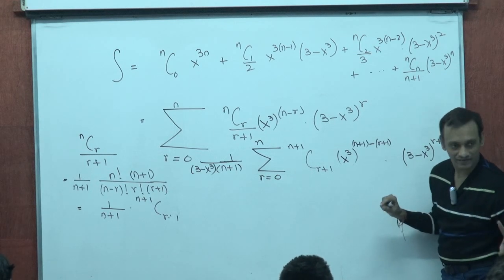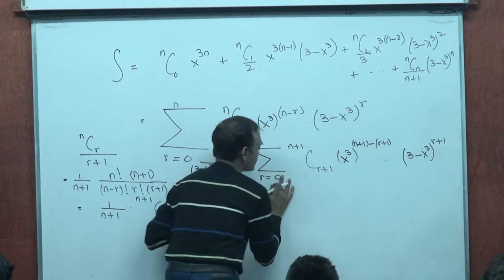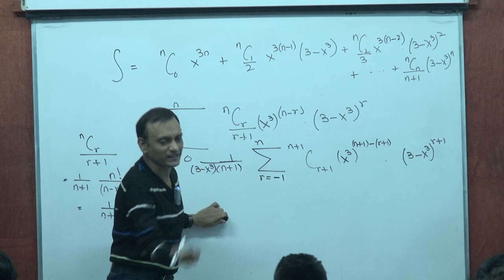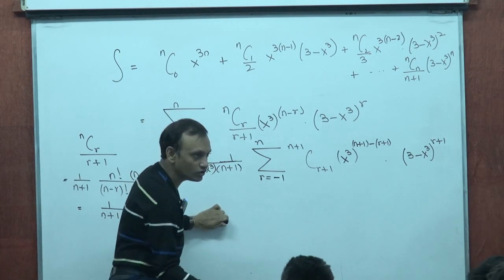You did that mentally and said, okay, r = -1 and subtract the term corresponding to r = -1.